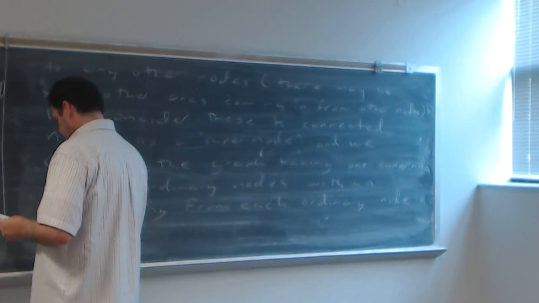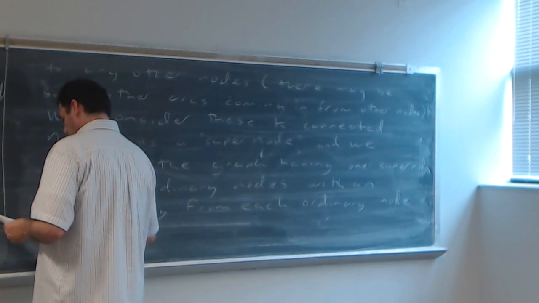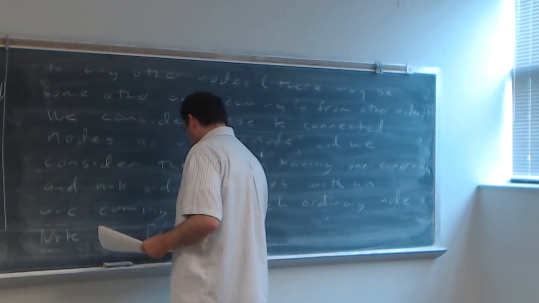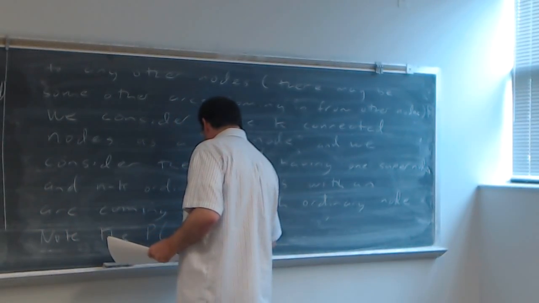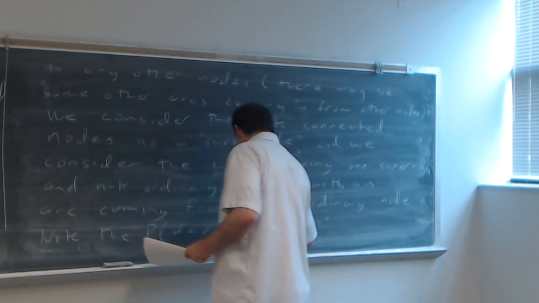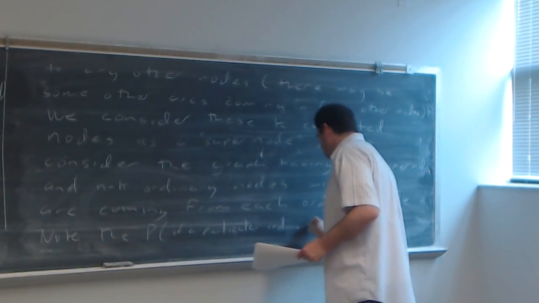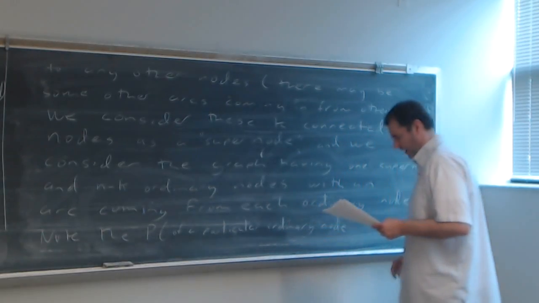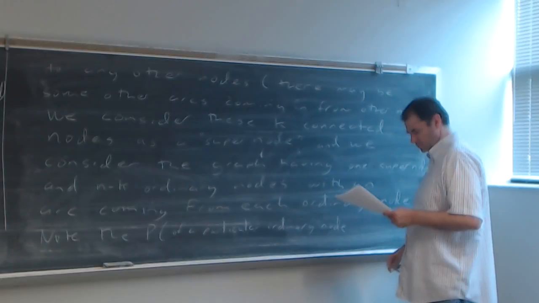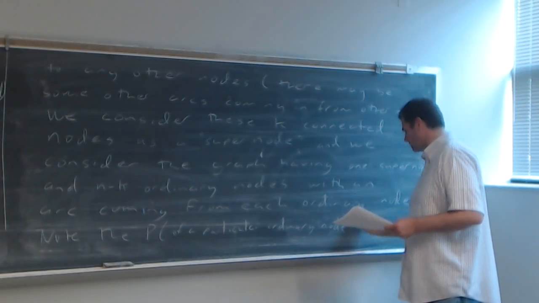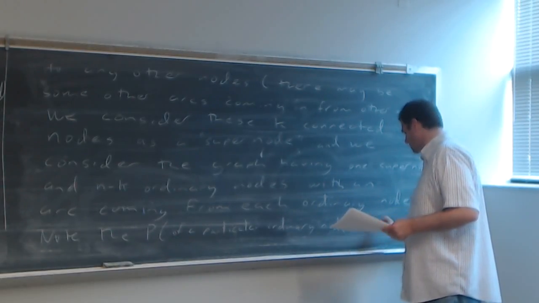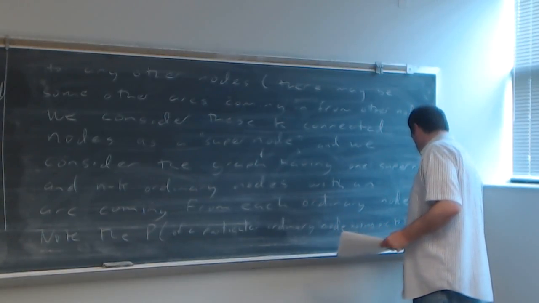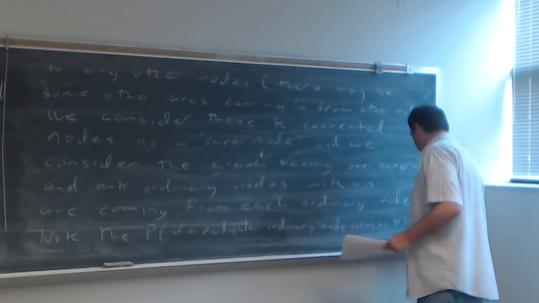Okay. Note the probability of a particular ordinary node, so for a random graph, having an arc to the supernode.